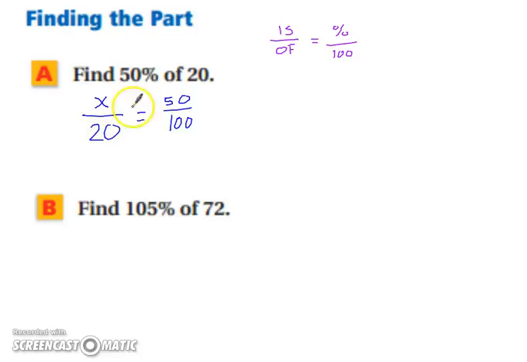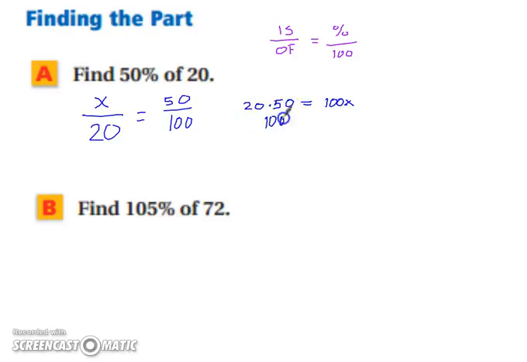Okay, so we have 20 times 50, and then divide that by 100. So we have 20 times 50 equals 100 times x. And now we have 20 times 50, which is 1,000.